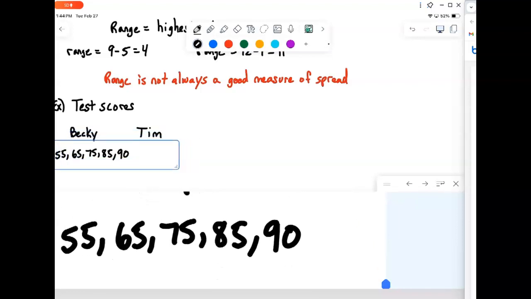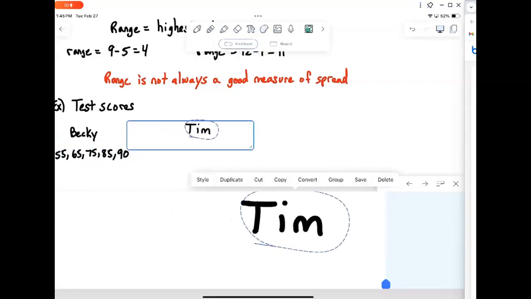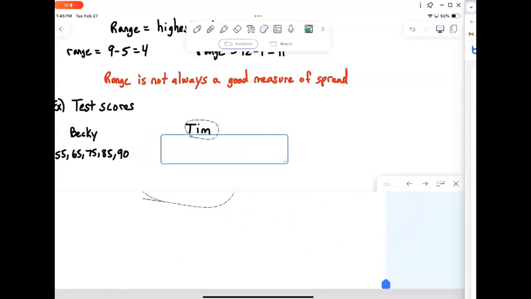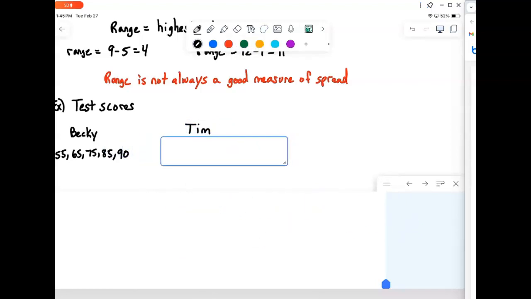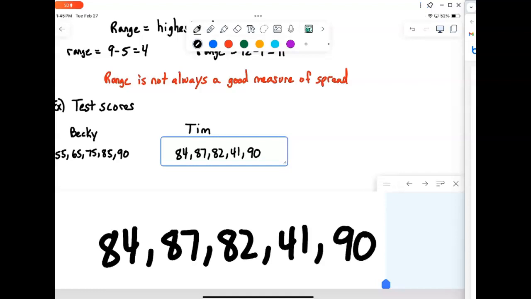There's a good bit of variation in Becky's test scores. Tim, on the other hand, scored the following scores on his exams: 84, 87, 82, 41, and 90.